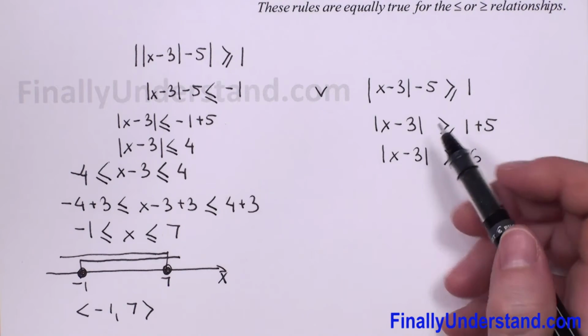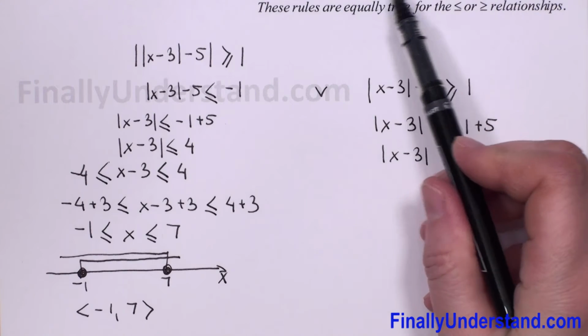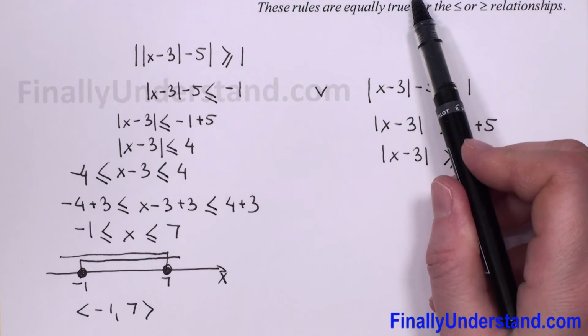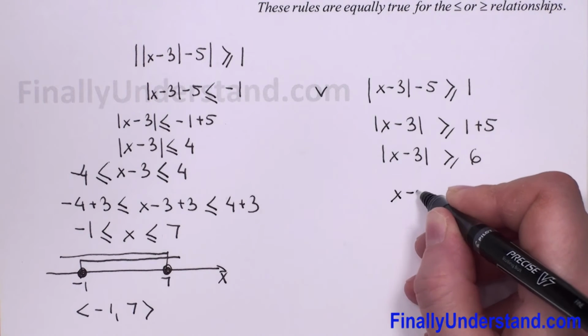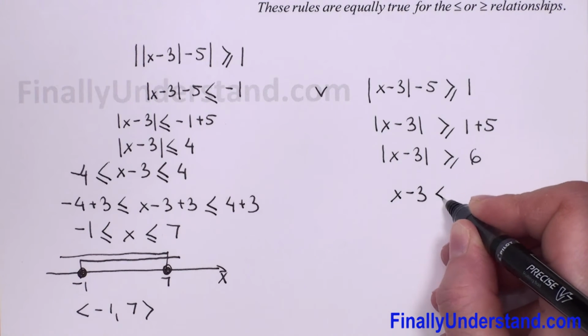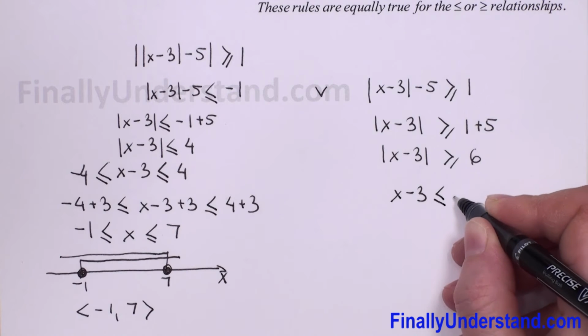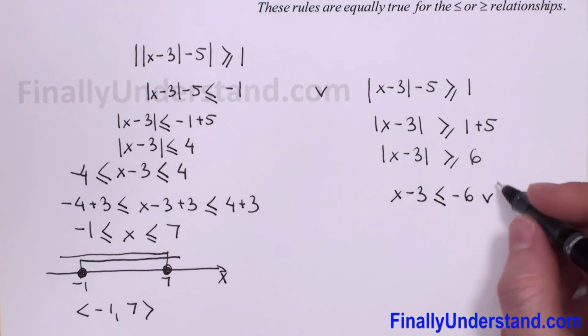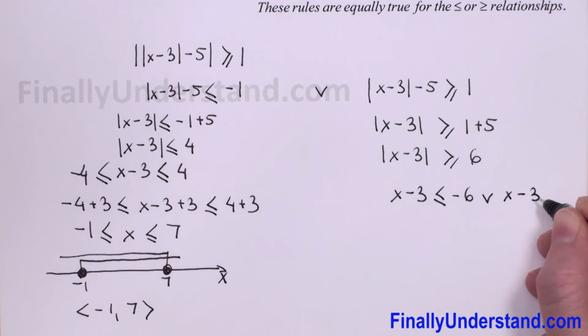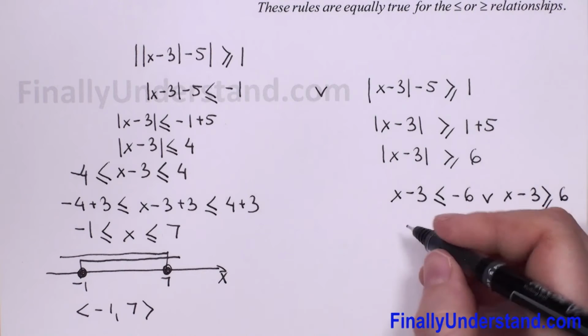So we will have two inequalities with no absolute value bars. So x minus 3 is less than or equal to negative 6, or x minus 3 is greater than or equal to 6.